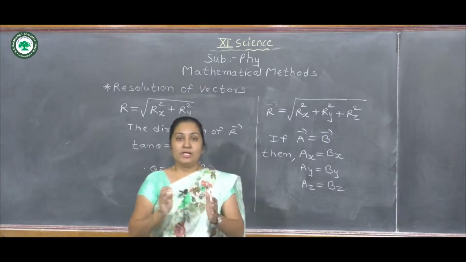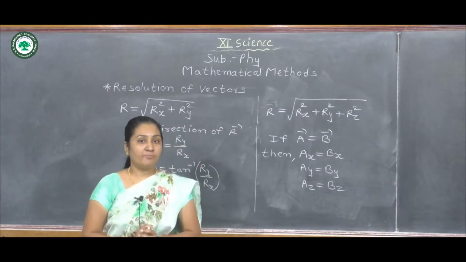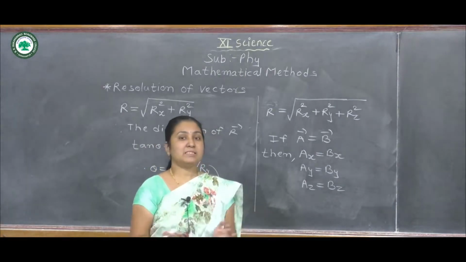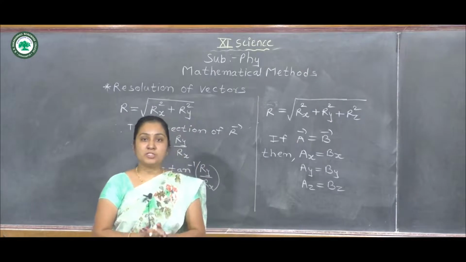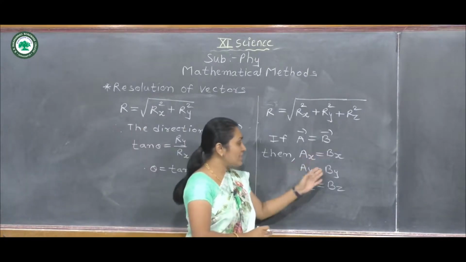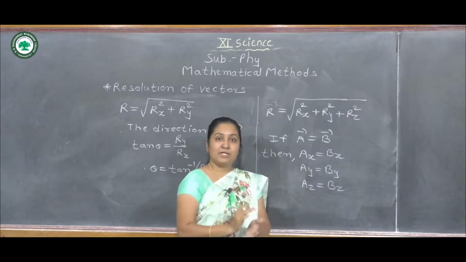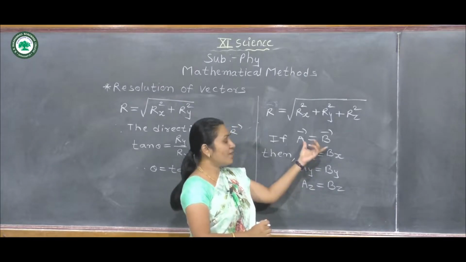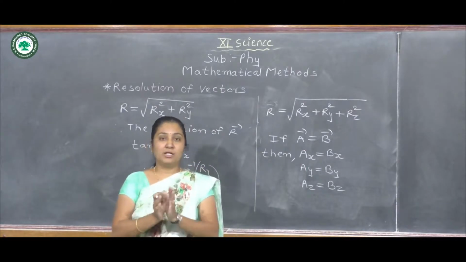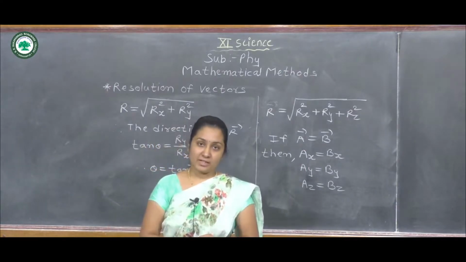So in case of resolution of the vectors, we can split or separate the components of the vector, and if these components are equal, then we can say that these two vectors are also equal. So this is about the resolution of the vectors.